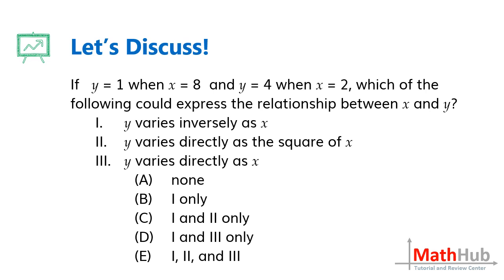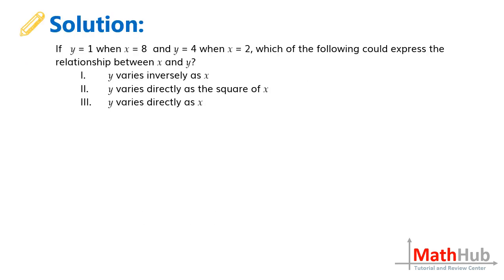In order to answer this, make a table involving x and y. So let me just write x, y. When y is 1, x is 8, and y is 4 when x is 2. Let's see Roman numeral 1.